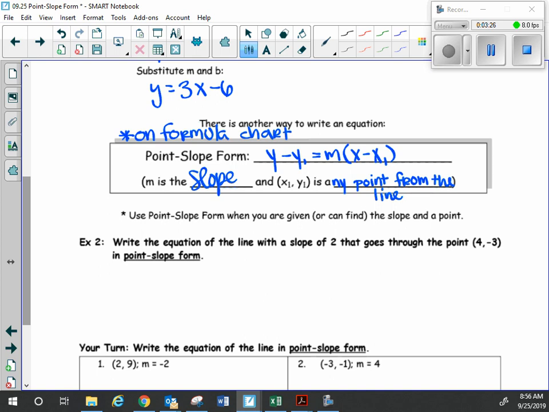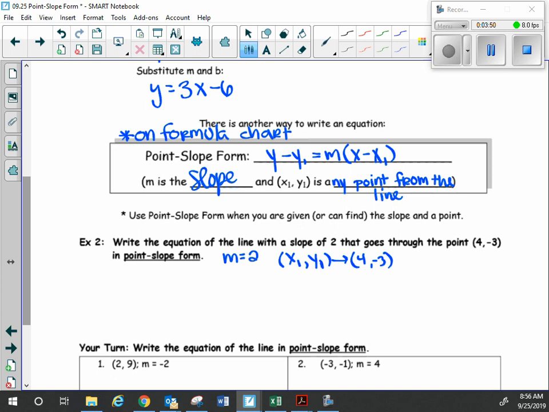So, m is 2, and x1, y1 is 4, -3, right? Based on what we just talked about.